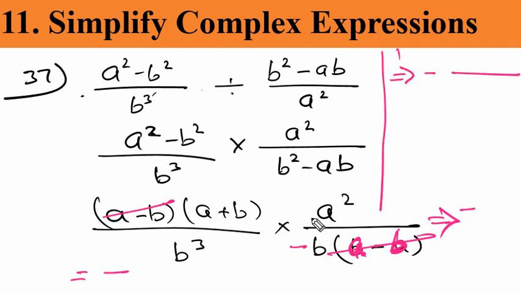Minus a plus b. So a square, a plus b. In the denominator, this is b power 3, b power 1, so b power 4. That's it. That is your answer: minus a power 2, a plus b over b power 4. So in the previous question, if I forgot the minus sign, don't forget to keep that minus sign in front of the overall answer. Okay, that's it.